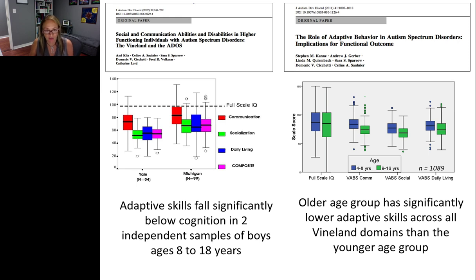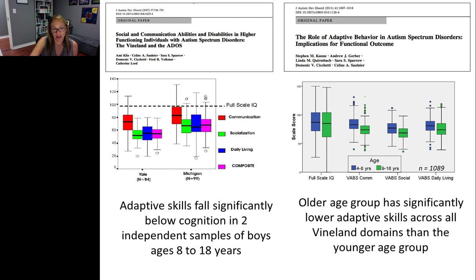So solidly average cognition. But the colored boxes are their adaptive skills. Red is communication, green socialization, blue daily living. When you have discrepancies like that, you don't use the overall composite because that's averaging out highly variable scores. So you can see that the socialization score is falling more than 3 standard deviations below IQ.